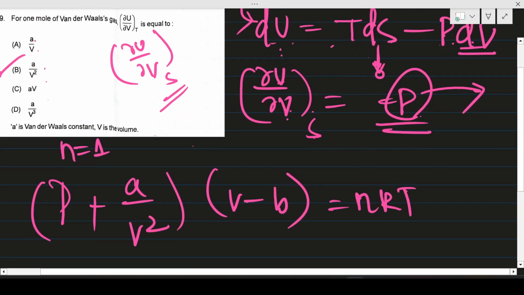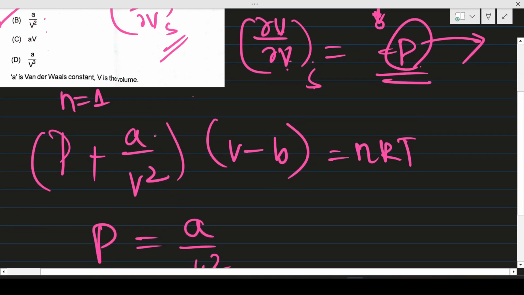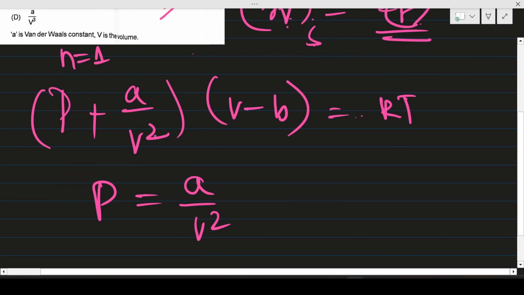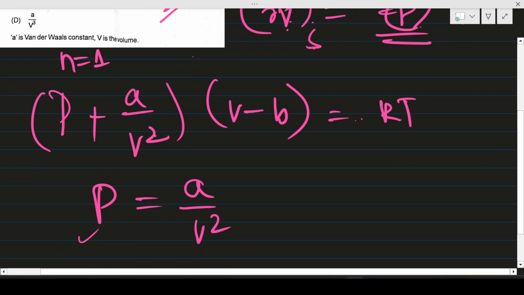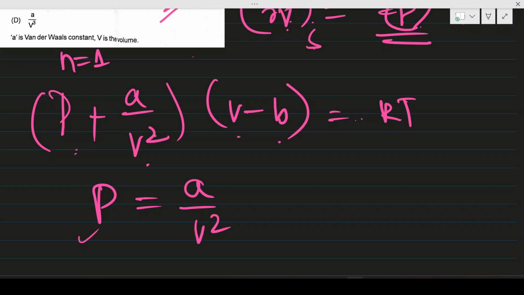Now we know the van der Waals equation of state for 1 mole is (P + a/V²)(V - b) = RT. Sorry, this is not nRT, this is RT. Now let's find this P value using dimensional analysis. If two things can be added, then their dimensions must be the same. Similarly, if two things can be subtracted, their dimensions must be the same.